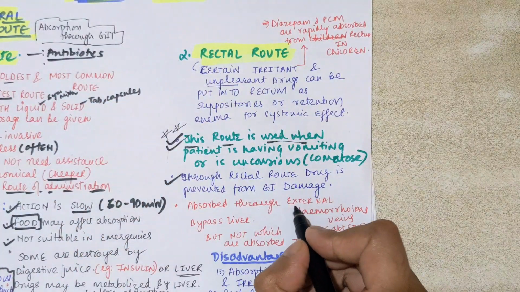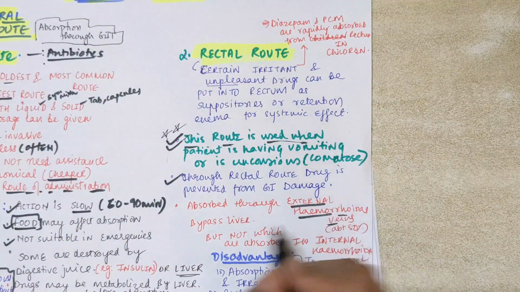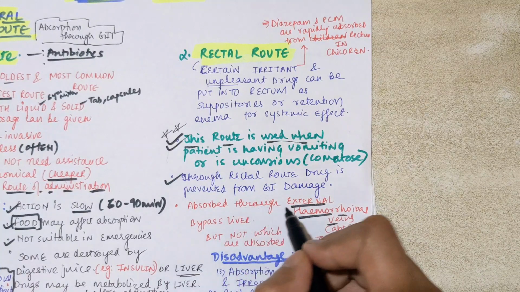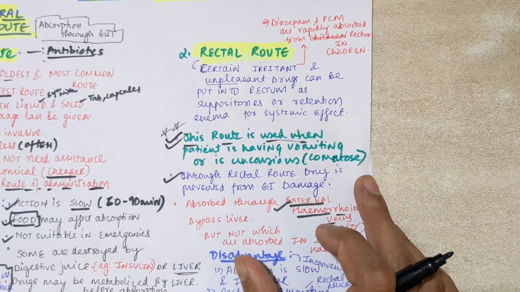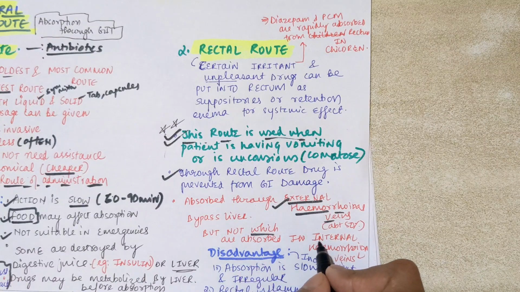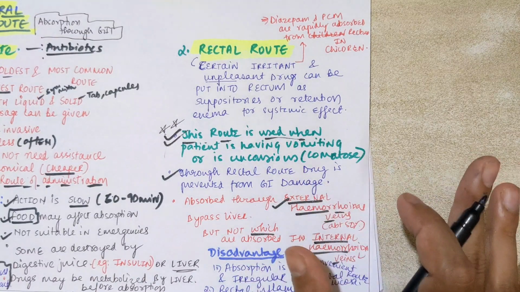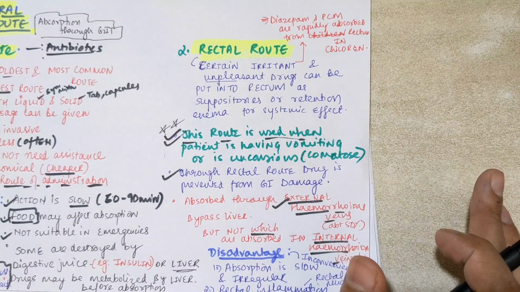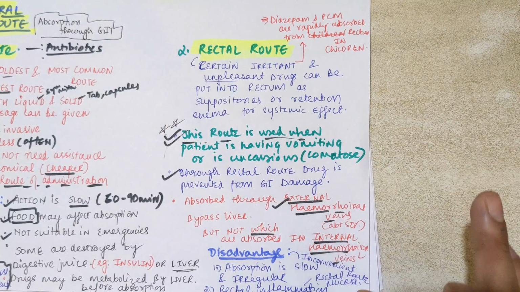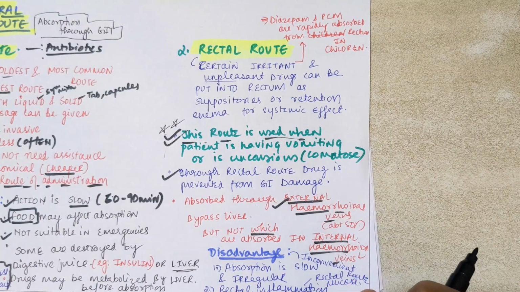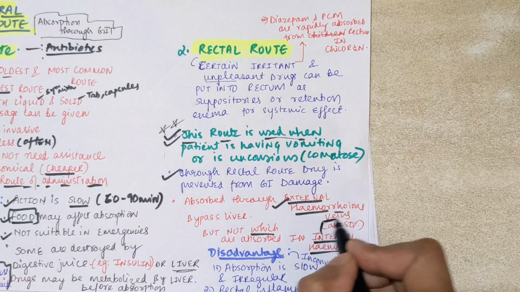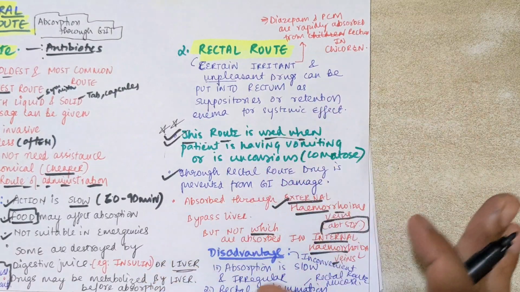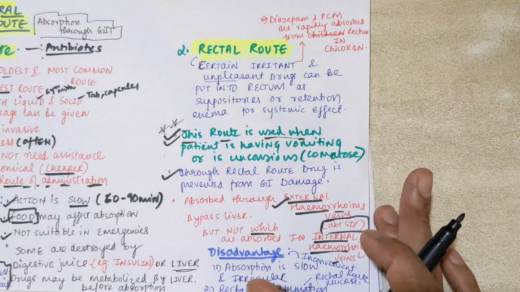So the external hemorrhoidal veins bypass the liver, and most of the drugs are absorbed through them. But if the drug is absorbed through the internal hemorrhoidal veins, there is no such bypass of the liver, so they go through first pass metabolism. Clear? So the main point: about 50%, not 100%, bypasses the liver.